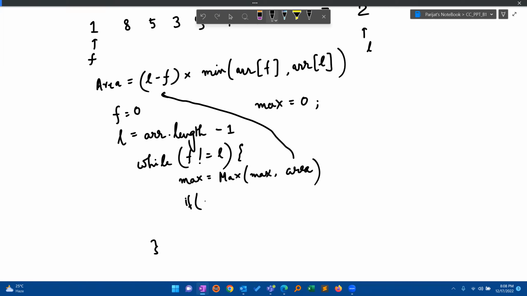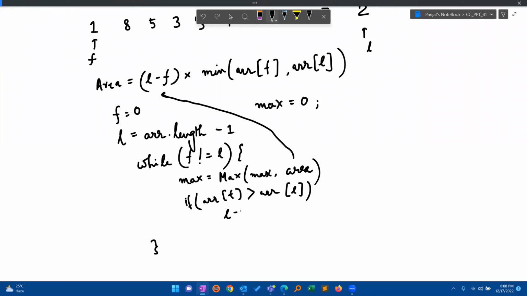So if the left hand side is higher than the right hand side, which one will we move? So if arr first is greater than last, which one should we move? The last.